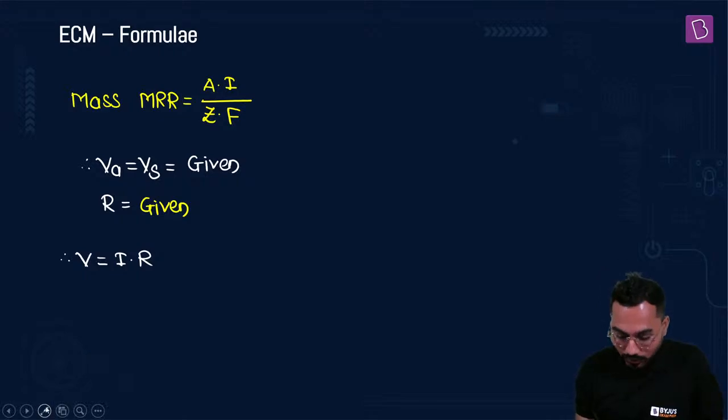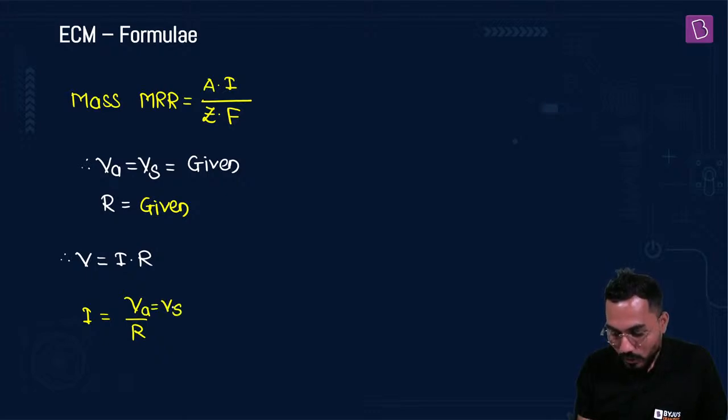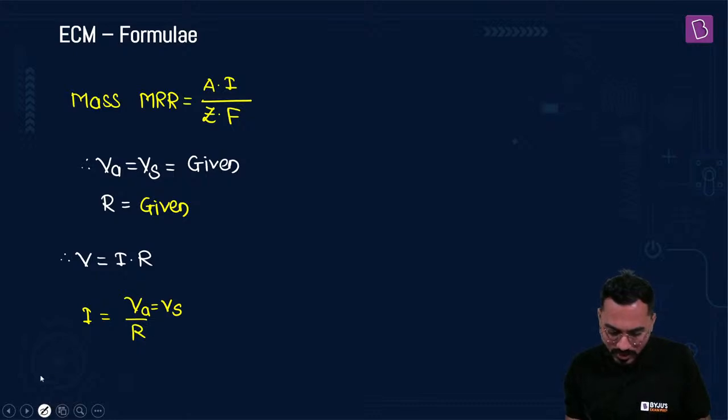Current can be calculated from here directly. We can say I is exactly equal to voltage divided by resistance. This is the applied voltage or supplied voltage. Can you do this simple story? Yes, sir, simple story, I can do it.